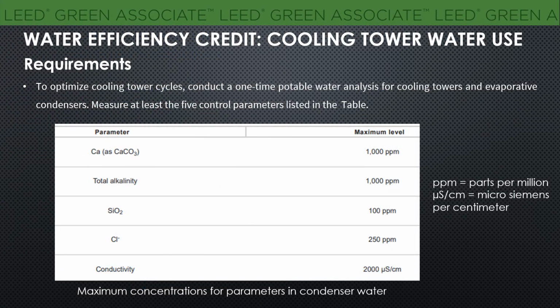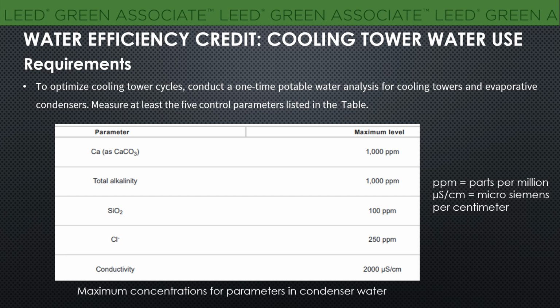Now let's look on to the requirement for this credit. To optimize cooling tower cycle, conduct a one-time potable water analysis for cooling towers and evaporative condenser. Measure at least 5 control parameters listed at the table. The table shows the maximum concentration for parameters in condenser water.